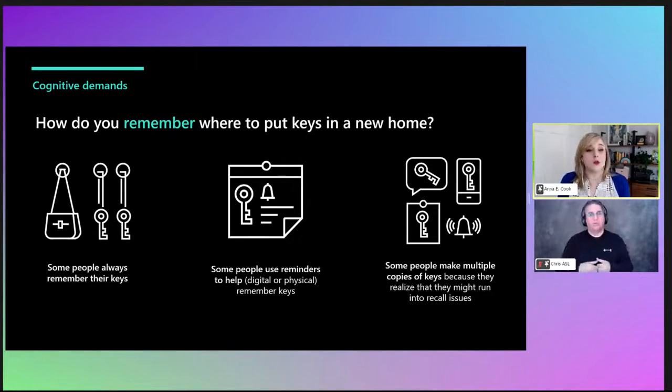And some people make multiple copies of keys because they might realize they could run into recall issues along with any reminders they might use. These are all opportunities to learn from what people's recall habits are and support them in what we create.